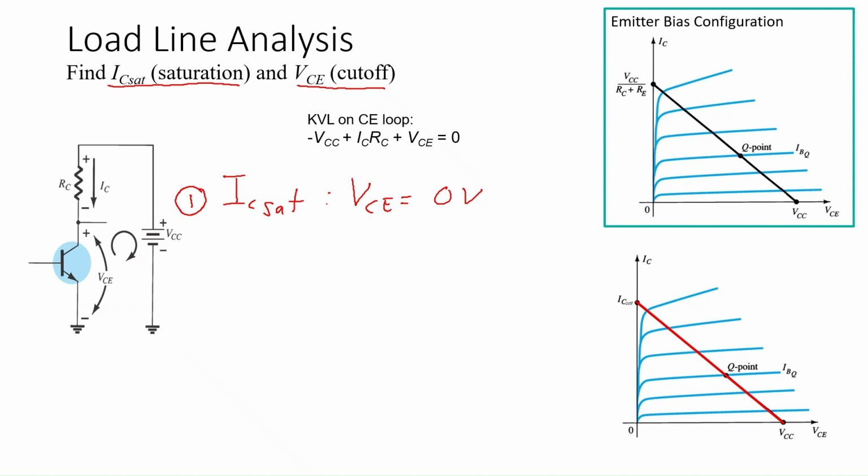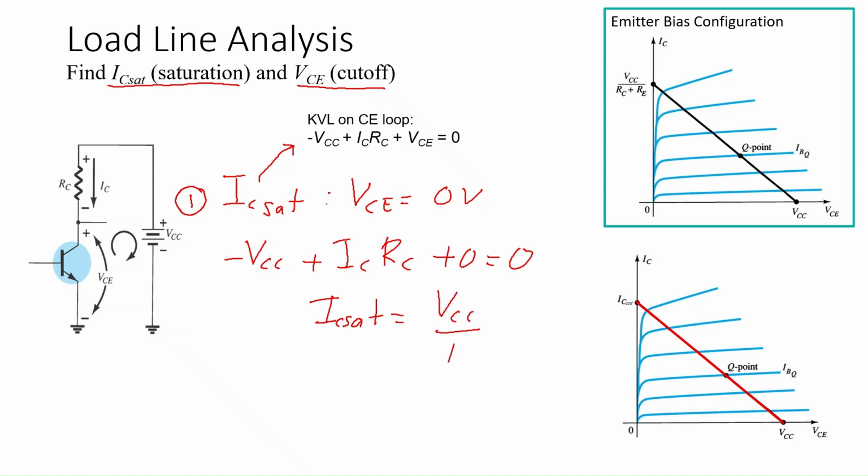During IC saturation, VCE equals 0, so we just substitute the value into the equation. You will find the equation will be VCC equals IC RC plus 0. So IC saturation is equal to VCC over RC.